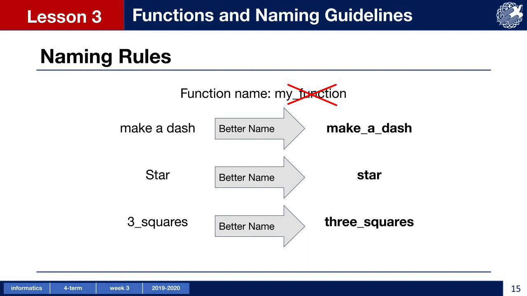If I want to make a function that will draw a star, I would like to name it star, but be sure that all your letters are lowercase. If I have a function that will draw 3 squares, it will be a good idea to name it. But our names cannot start with numbers. So instead, you may write out this number. It's important to follow these rules when writing code in Python. Keep these guidelines in mind when you want to give a name to an item in your code.